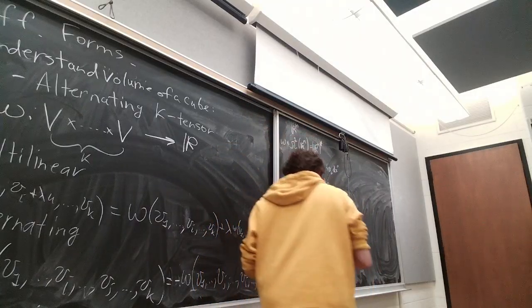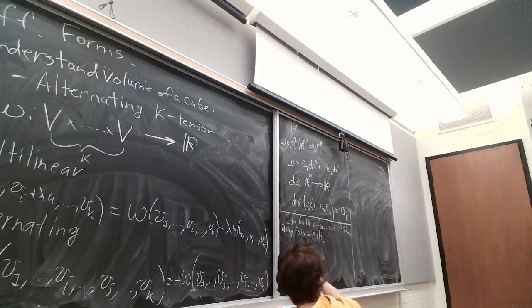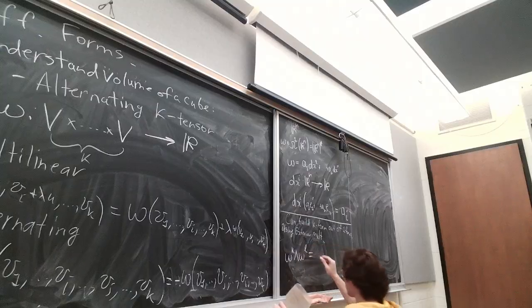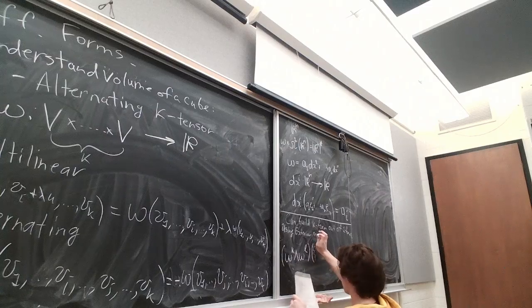So we defined this thing where if I have an omega, a K-form, and an L-form, then I define the exterior multiplication of these two things, which I denote using this wedge symbol. And this is going to give me a new K plus L form. It's going to take in K plus L vectors. And how do I define it in terms of the whole thing?